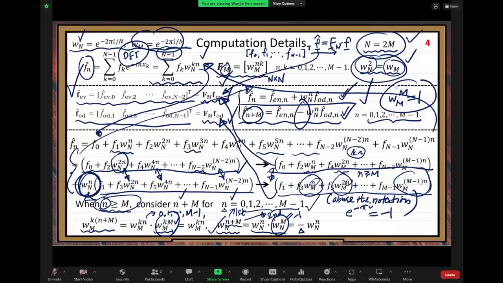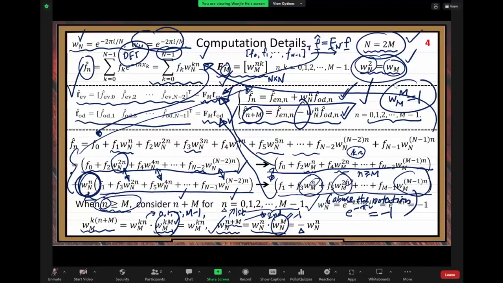Because in our textbook, the explanation for this part is too little, and it skips too many intermediate steps. So here I try to help you recover those skipped intermediate steps.